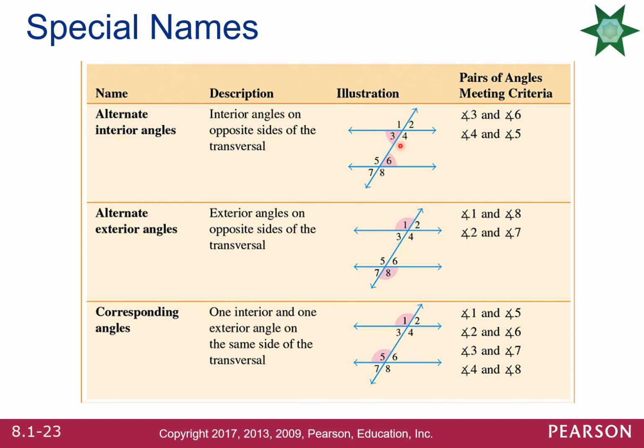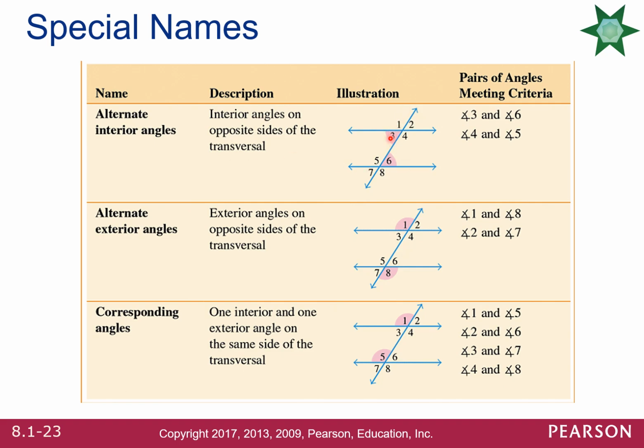So 3 and 6 are one set of alternate interior angles. 5 and 4 are the other set of alternate interior angles. So one type of angles would be the alternate interior angles, which are interior angles on opposite sides of the transversal.